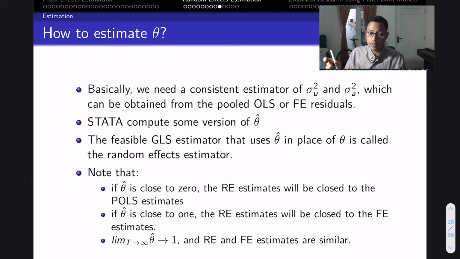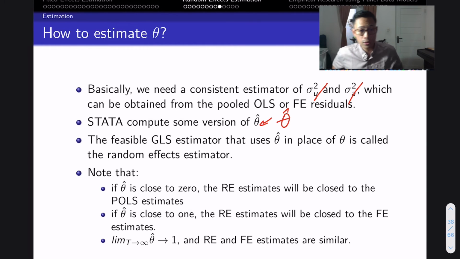After that, Stata is going to use those estimates to compute some versions of theta hat. Now, the feasible GLS estimator that uses the theta hat in place of theta is going to be called a random effects estimator.